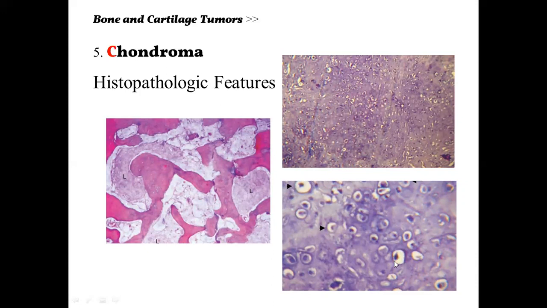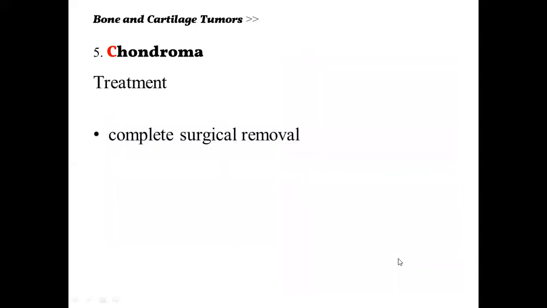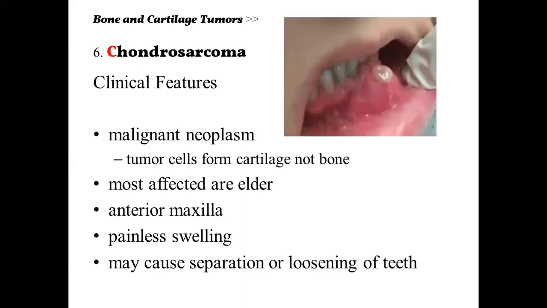Ayan. Round siya with clear cytoplasm with, ayan, sa gitna, yung mga nucleus ng mga cells. Those are chondrocytes. There. The treatment for this one is complete surgical removal. Okay, so that is chondroma, a benign tumor of the cartilage tissue.